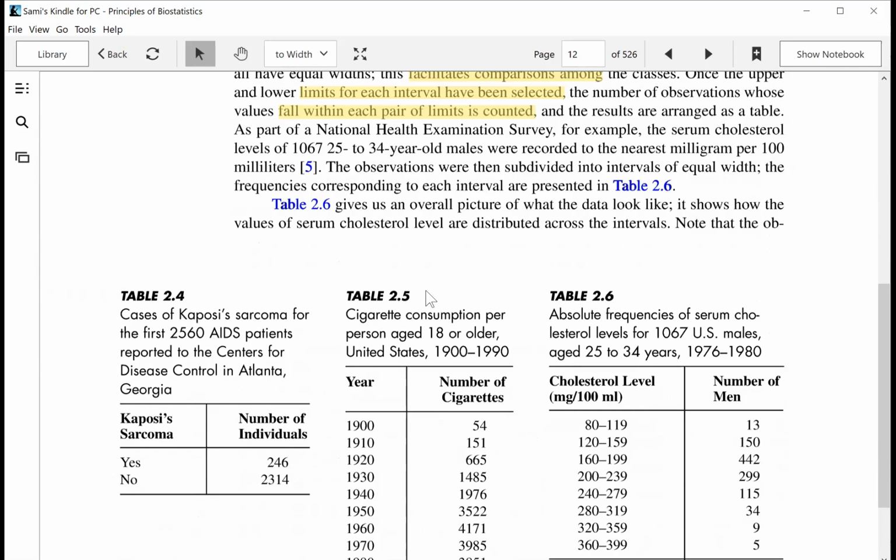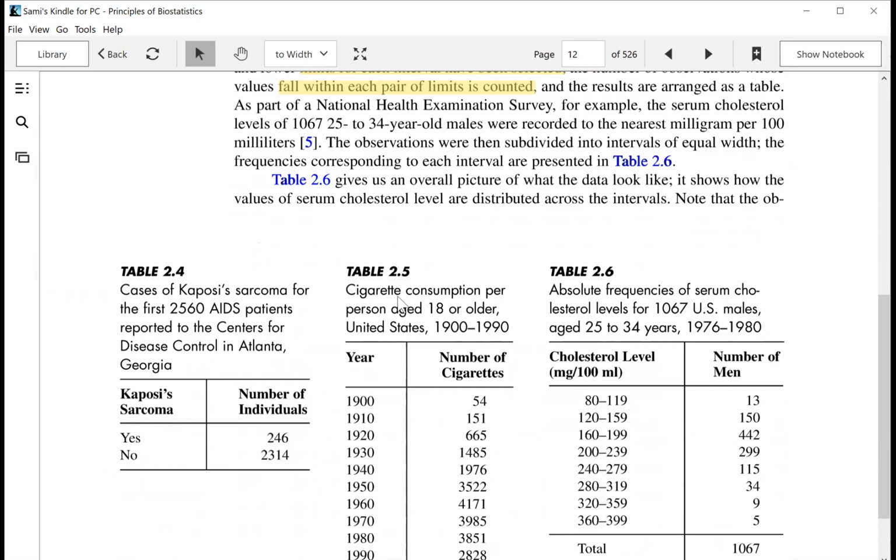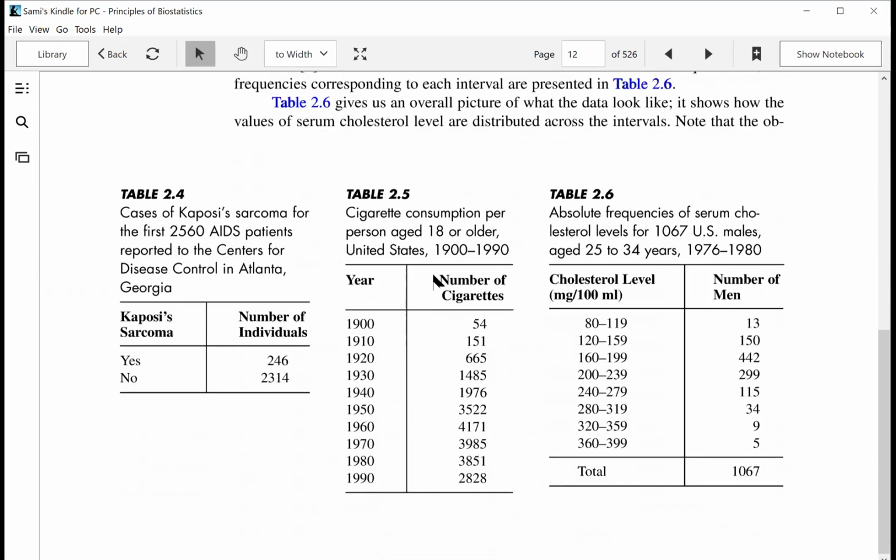And then table 2.5, cigarette consumption by persons aged 18 or older, with the year and the number of cigarettes smoked per year. Then table 2.6, the absolute frequencies of serum cholesterol level for 1,067 US males aged 25 to 34 years, 1976 to 1980. Here's their serum cholesterol level and number of men.